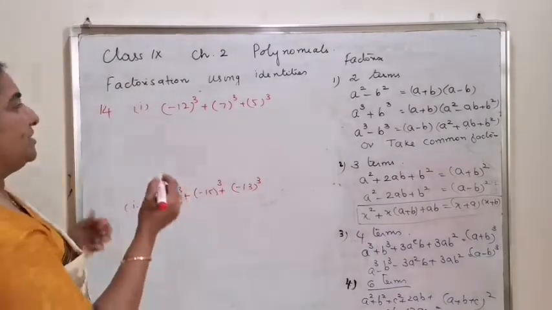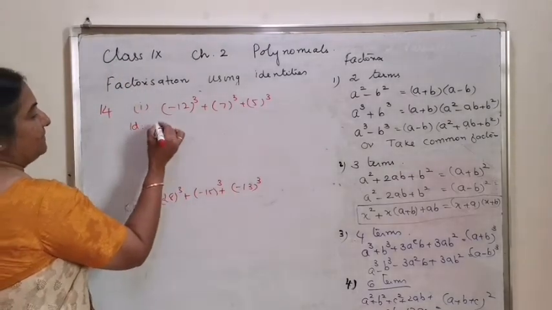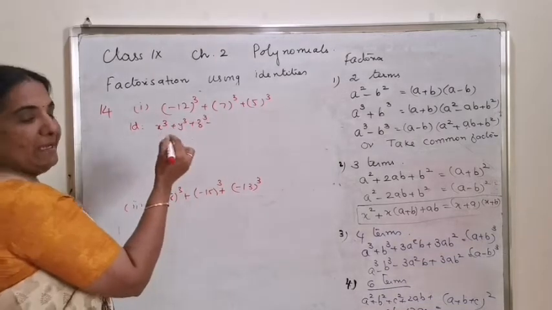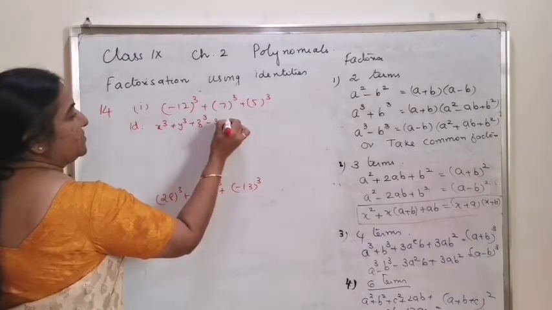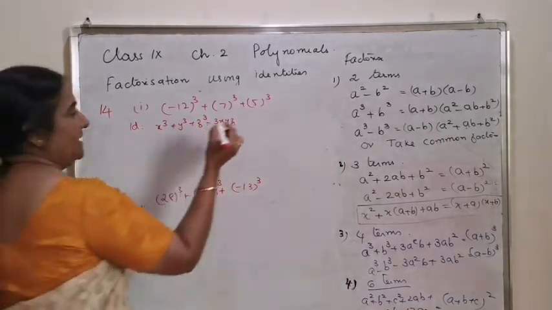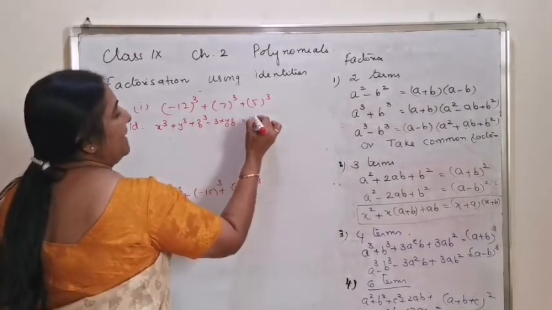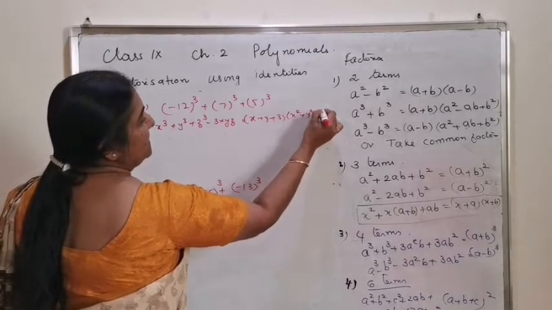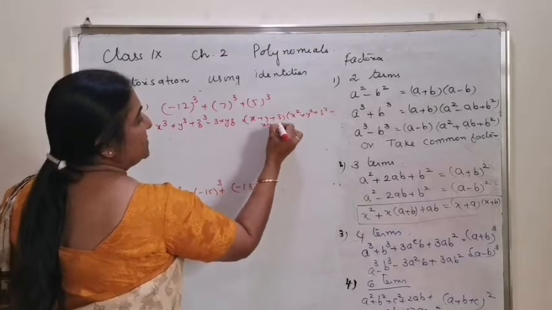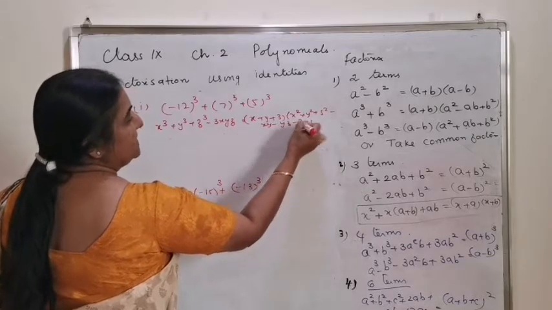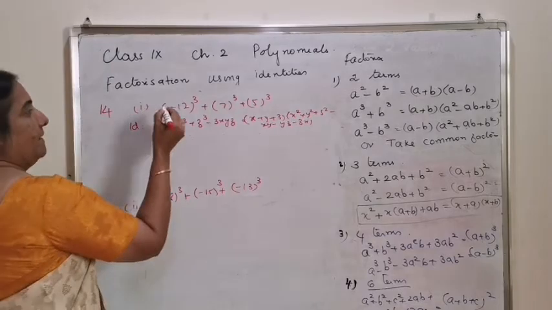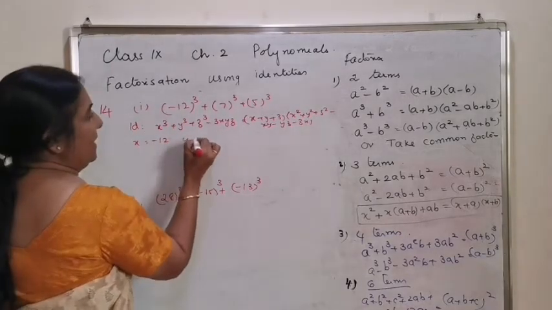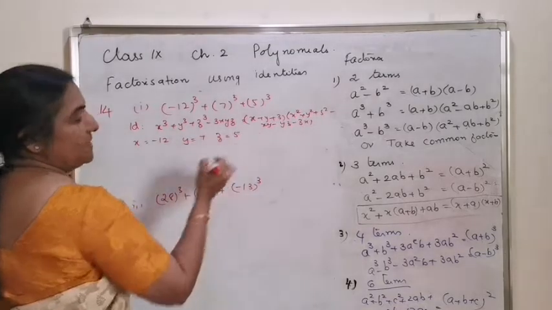This is the application of the identity x cube plus y cube plus z cube minus 3xyz is equal to x plus y plus z into x square plus y square plus z square minus xy minus yz minus zx. But here your x value is minus 12, y value is 7 and z value is 5.